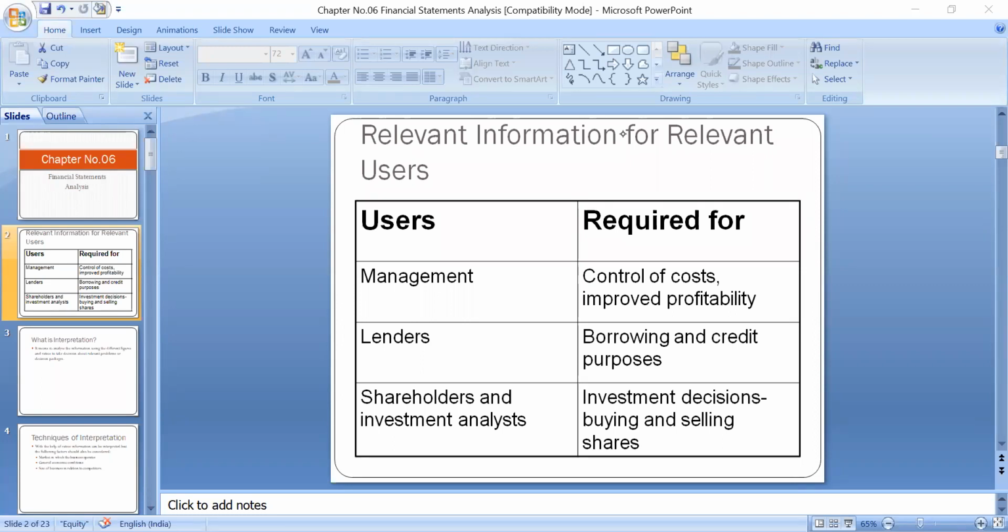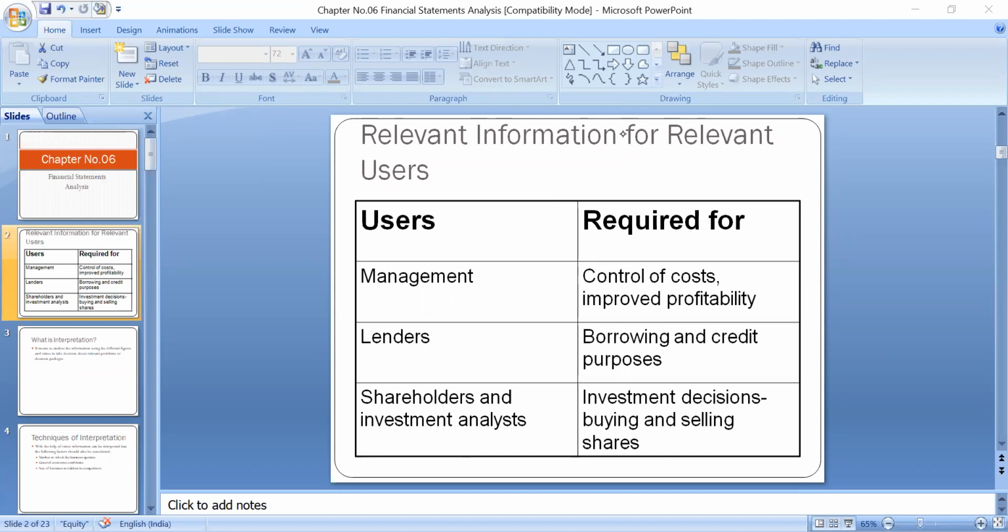And lenders need information: should they extend a loan to this organization or not? If they extend the loan and the company does not return it, then there will be a possibility of defaulting on the loans.